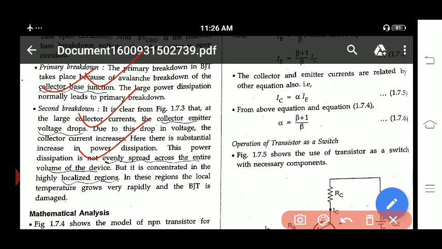This power dissipation is not spread evenly over the entire volume, but is concentrated in some localized region. In this region the local temperature rises rapidly and BJT damage will happen. We call this type of breakdown secondary breakdown.